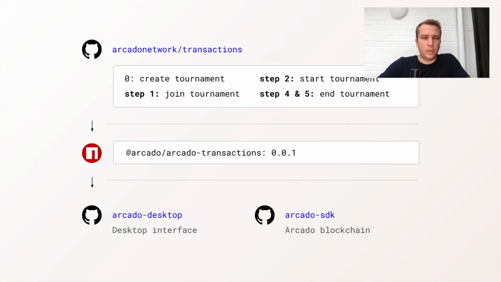How did that look in practice? We had 3 repositories, including transaction repositories to remove code duplication, published those transactions to NPM, and then we have 2 applications, where Arcado Desktop was for users and the Arcado SDK could be used by game developers.